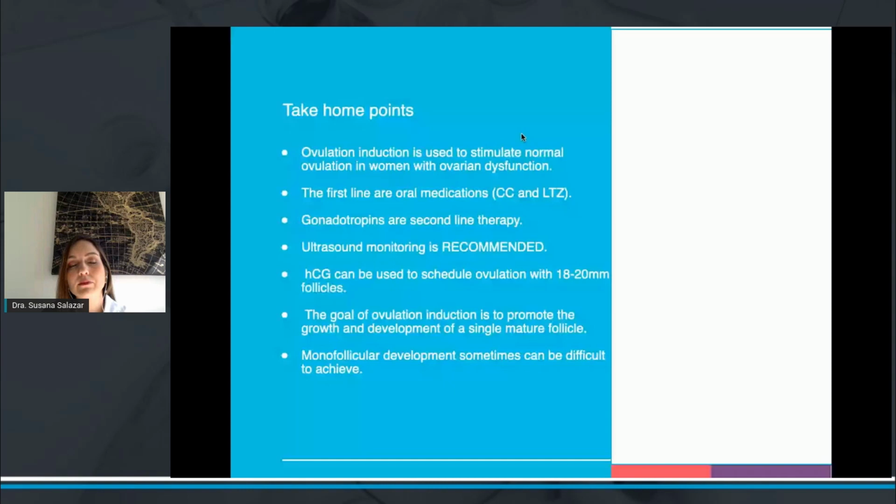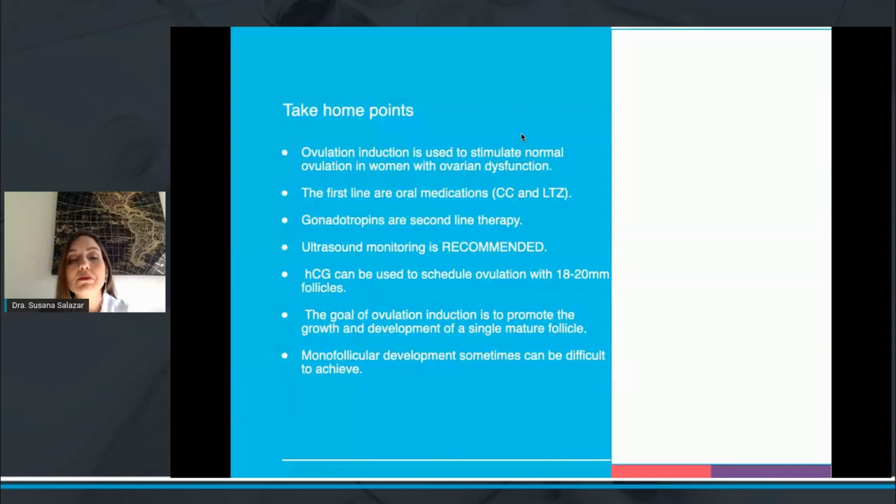To finish, I brought you some points. Ovulation induction is used to stimulate normal ovulation in women with ovarian dysfunction. The first line are oral medications, clomiphene and letrozole. Gonadotropins are second-line therapy.